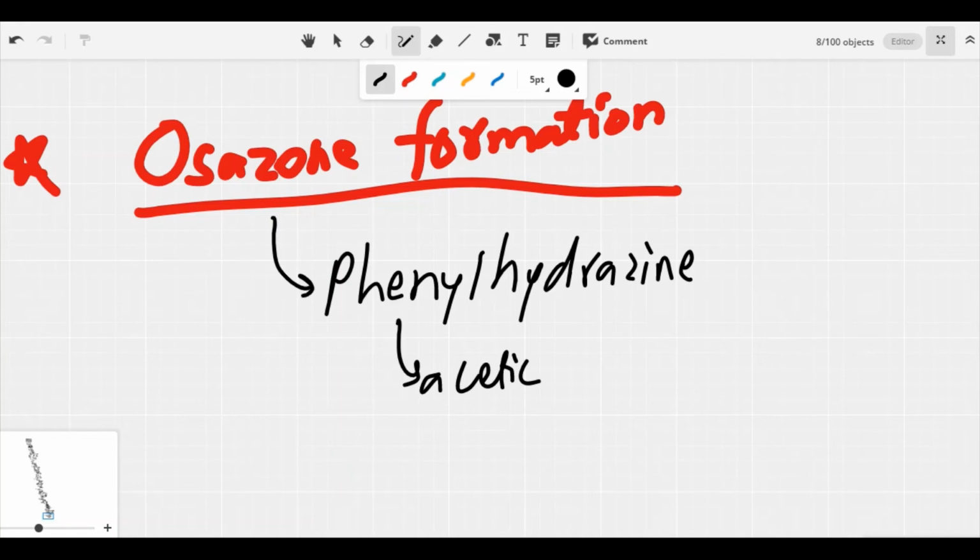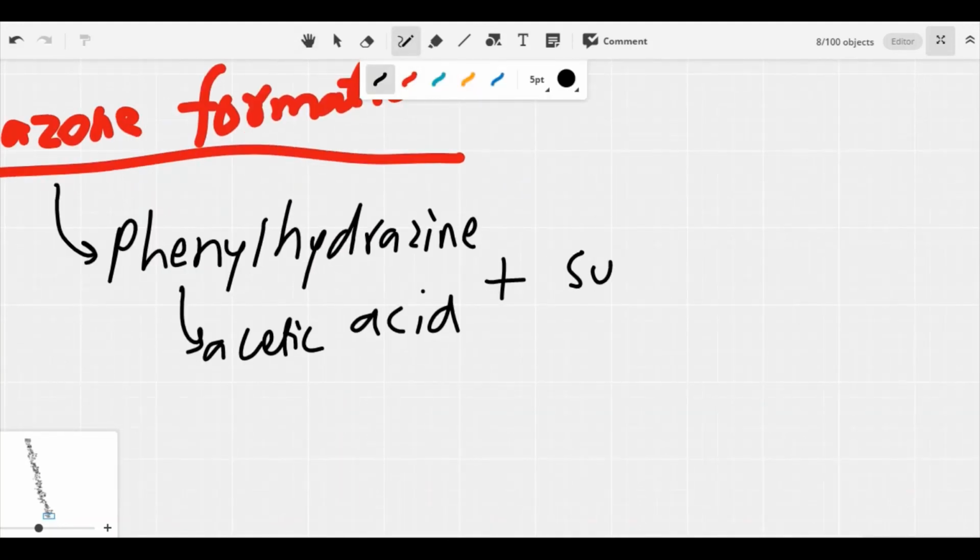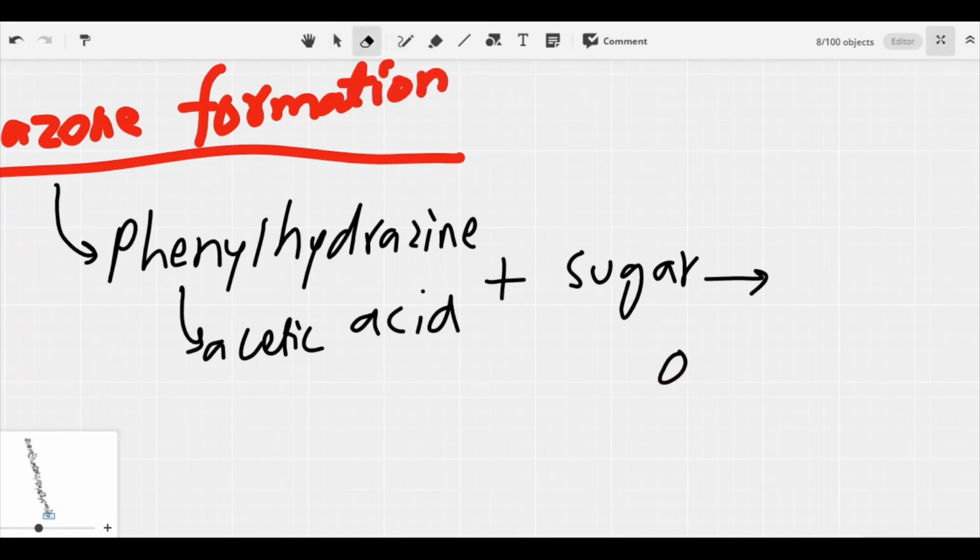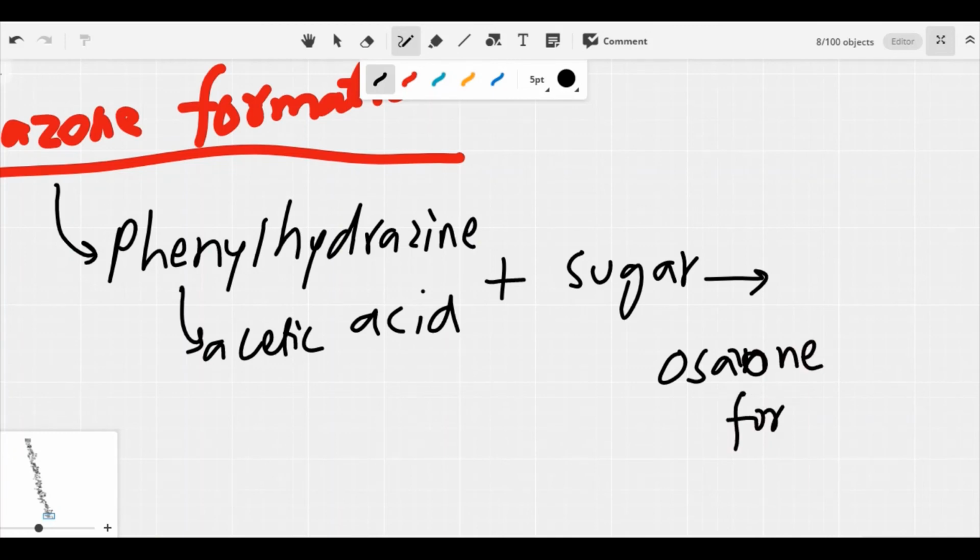So when phenylhydrazine in acetic acid is boiled with a reducing sugar, it will form an osazone. Remember it.